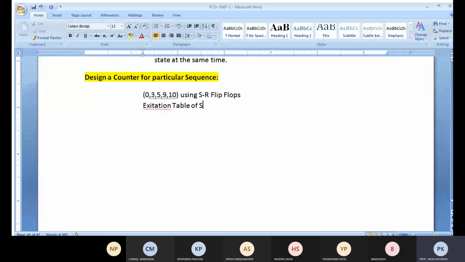And what does the excitation table tell us? It tells us that if the present state and next state are given, we can find the inputs. What should be the values of S and R? We can find out. So this is what the excitation table tells us. Let's draw the excitation table of the SR flip-flop first. Then it will help to design the counter which generates 0, 3, 5, 9, 10 sequences.